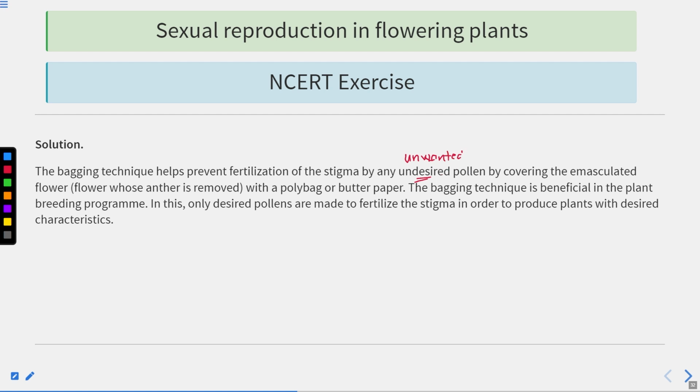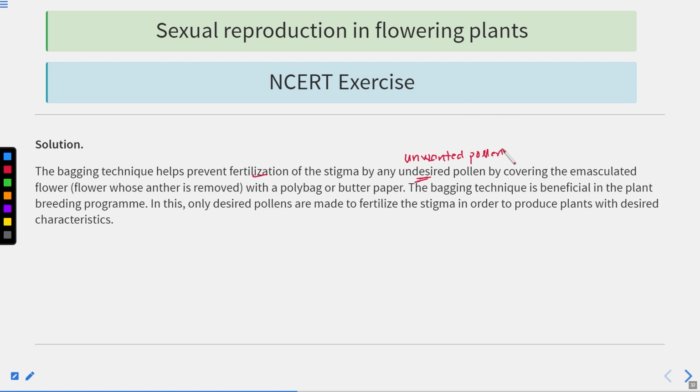So what we want, during artificial hybridization, is to create hybrids that have the desired characteristic. So we have to make sure that the stigma is not fertilized by the undesired or unwanted pollens.